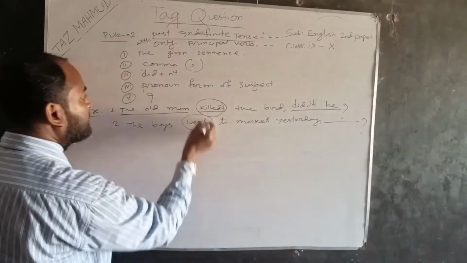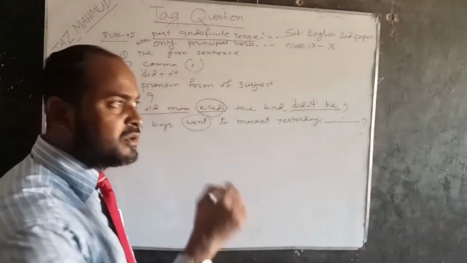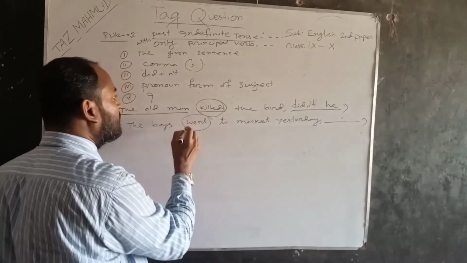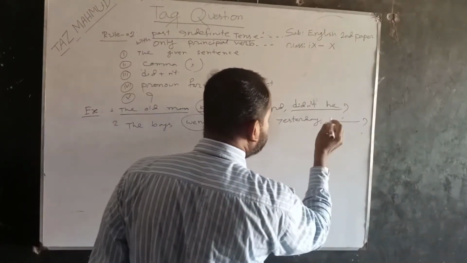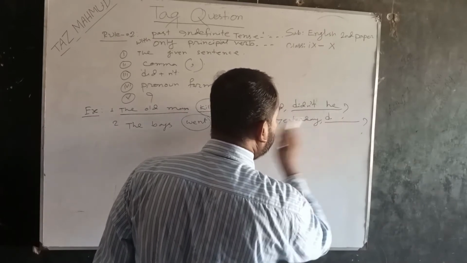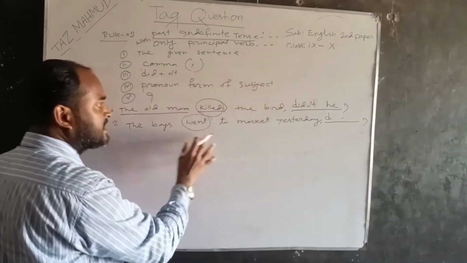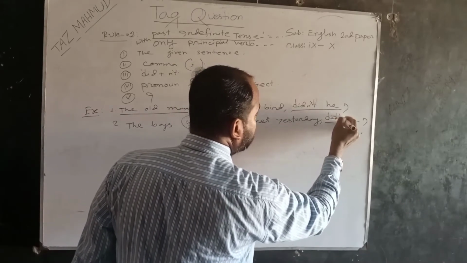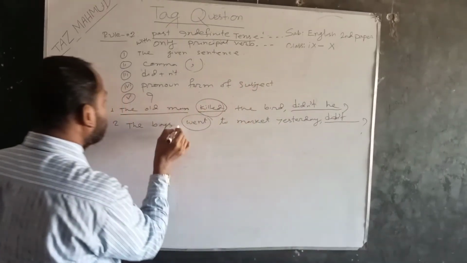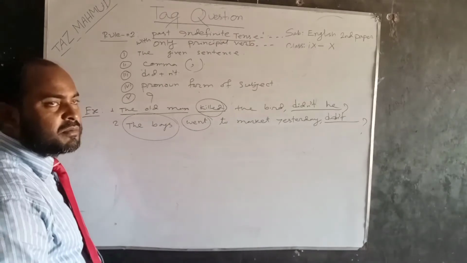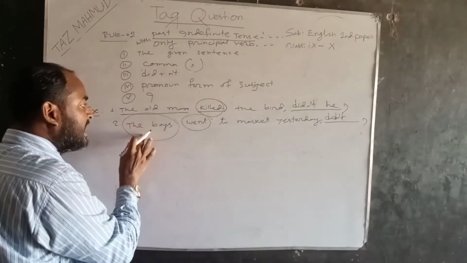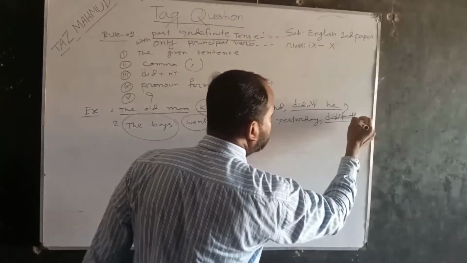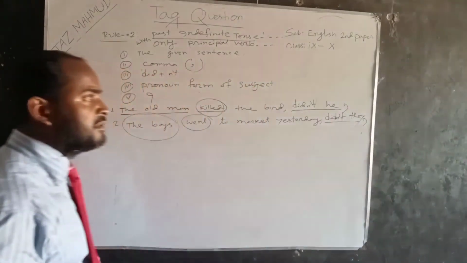Then went, this is the past form of the verb go, and it is the principal verb. Then we have to write the given sentence, then comma, and then didn't. And then the pronoun form of the subject. As the subject is plural, we have to write they.